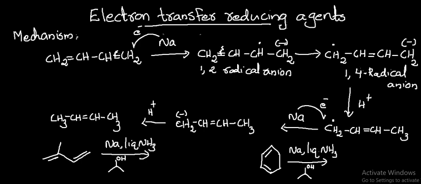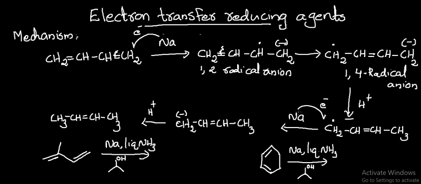This radical anion is easily attacked by the proton, and the negative charge and positive charge combine to form CH3. Then the final product is CH2 radical, CH double bond, CH, CH3. Again this is a radical.